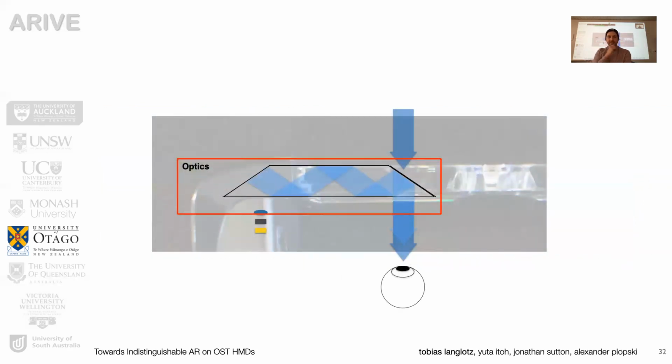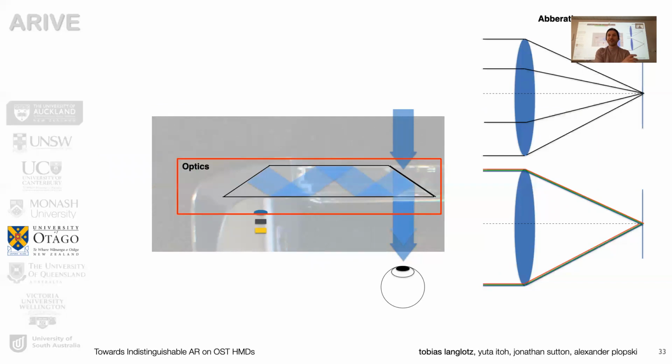What's the next problem? The next problem is the general optics in optical see-through head-mounted displays. Again, they might vary, but they all have some kind of optics in there. And optics can be almost perfect, but usually they are cheap, and because of that they're not perfect. I hope that among the audience there are a couple of photographers, because they will know about all these effects, like for example, aberrations.